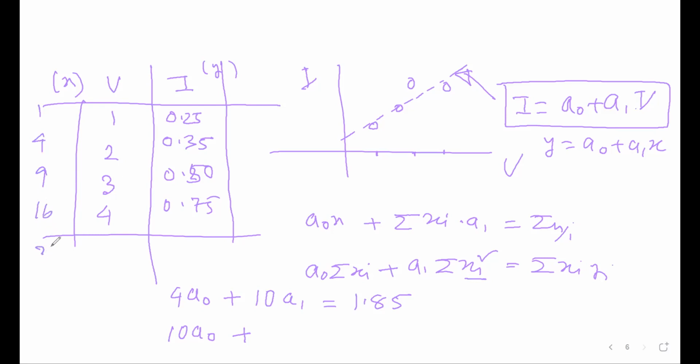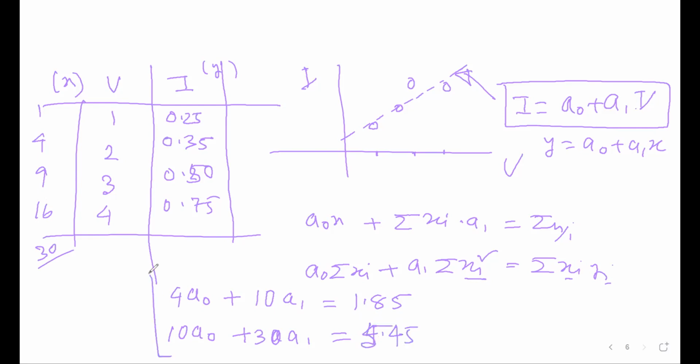Yes, sir. Then it will be 30 into A1 is equal to sum of Xi into Yi, which equals 0.25 plus 0.7 plus 1.5 plus 3, which is 5.45, sir.